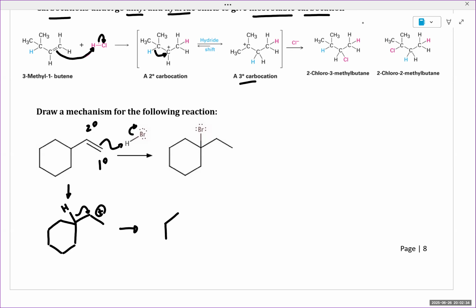We can generate a much more stable tertiary carbocation, which can then be attacked by our bromide anion, and that in turn generates the desired product. So, whenever you're dealing with electrophilic addition, be careful and always think about the possibility that hydride or alkyl shifts can occur.